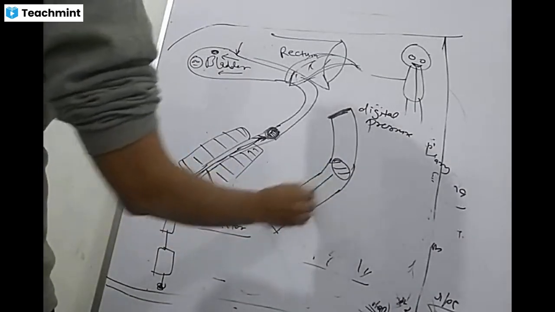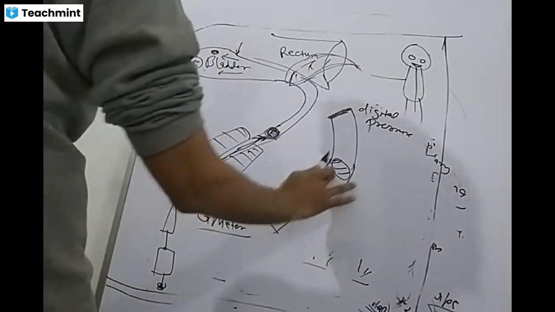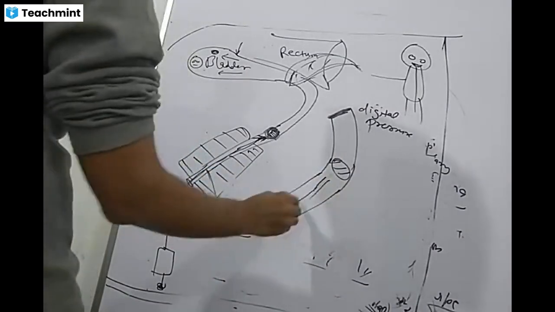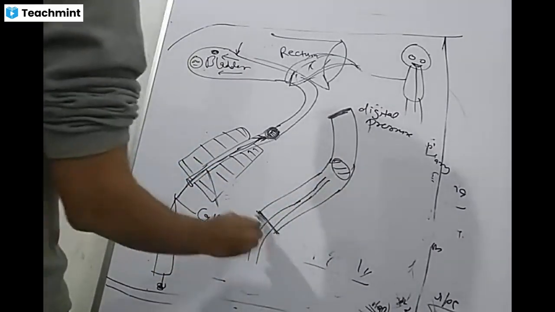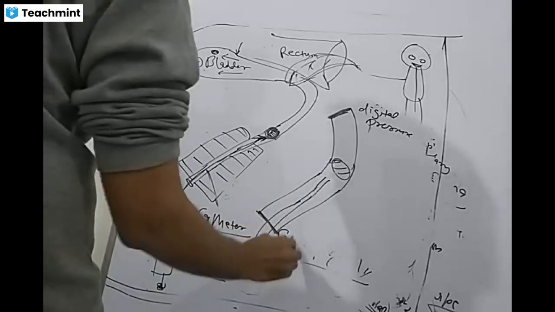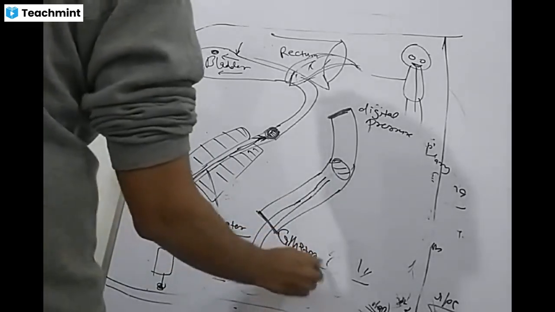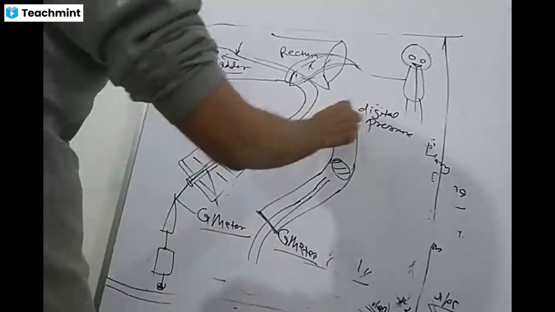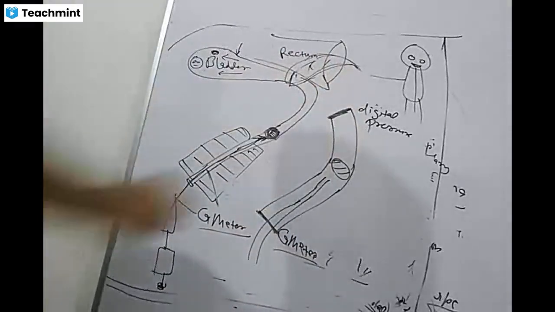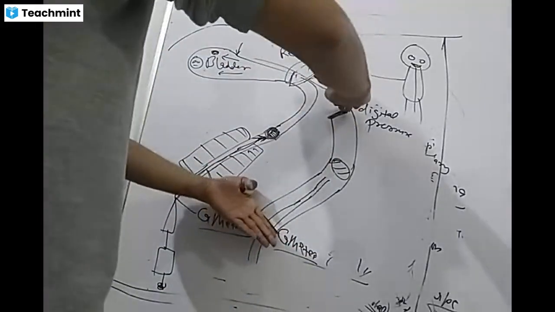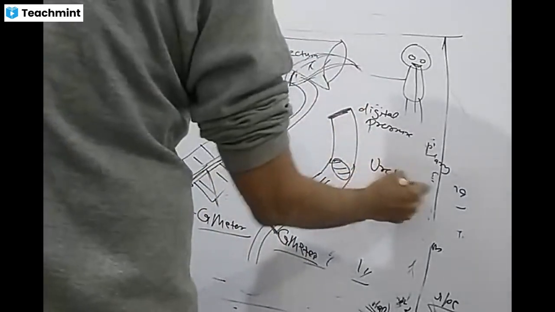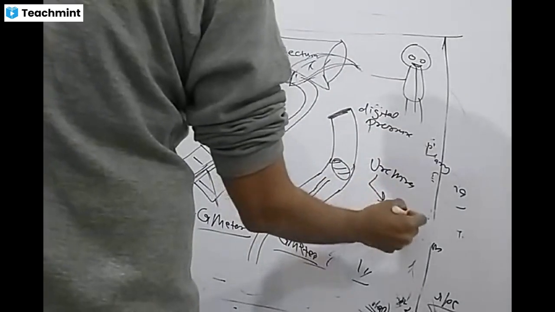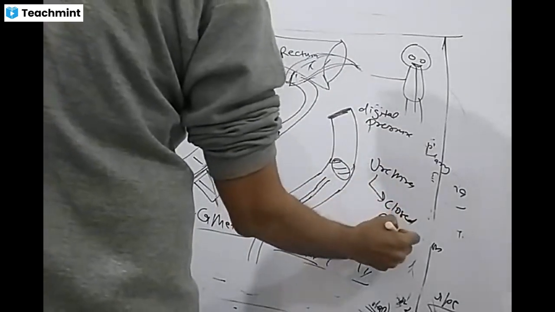We passed our catheter from here. So this part is also closed with catheter, and this part is closed with the digital pressure. Now the urethra becomes like a closed chamber.